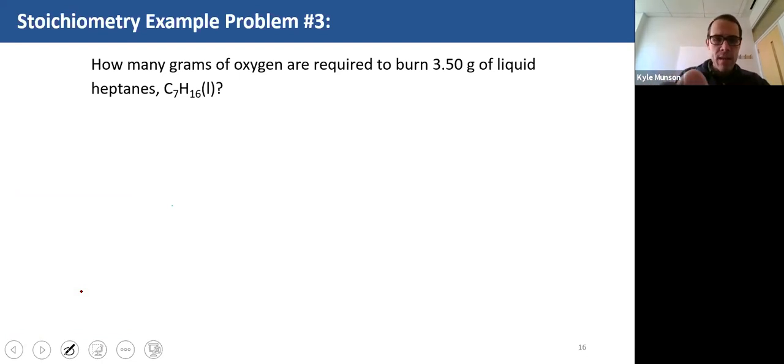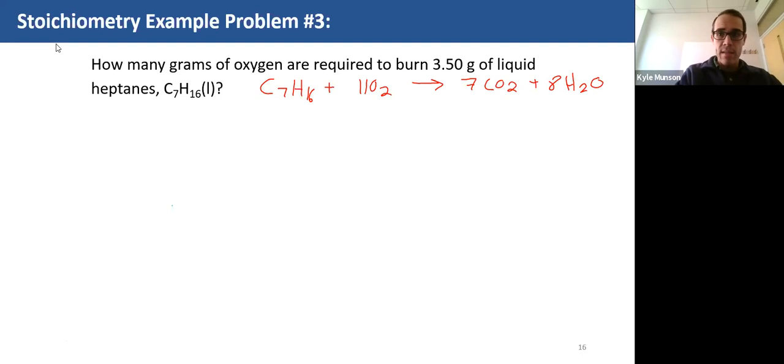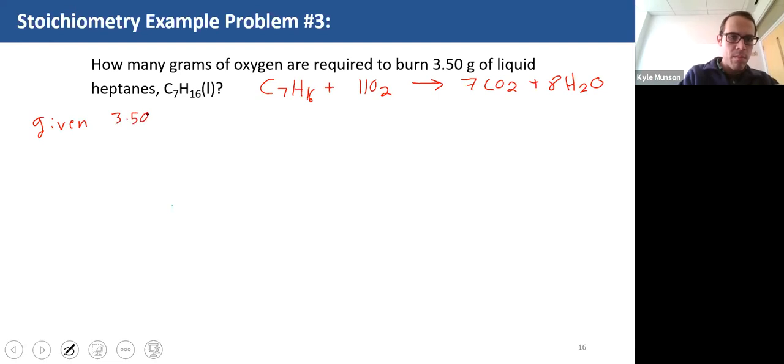Okay, so the first thing is to write down the balanced chemical equation. This is what I'll do here. Hopefully you got this. I'm pretty sure that is balanced. And now we're going to write down what is given, and I want grams of O2.